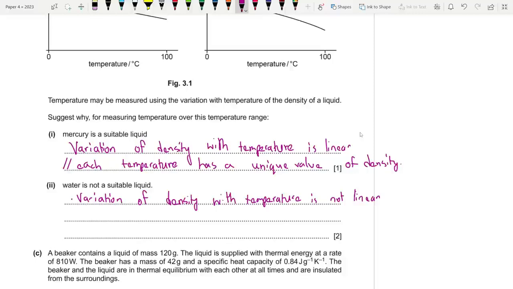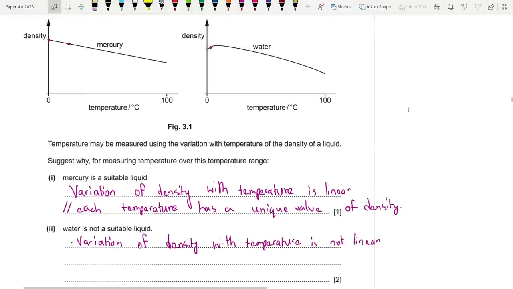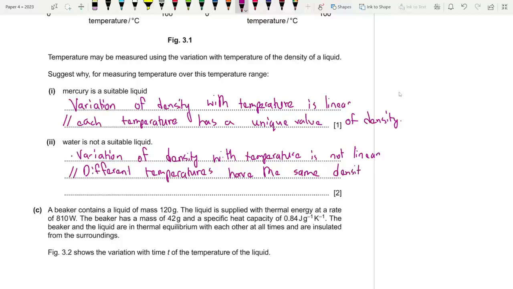Also, they are not unique, or there are different values of temperature where the density is the same, right? So that is an alternate point, that different temperatures have the same density. Fine. Or, oh, you had to write any two from these. Okay, so these were not optional, you had to write any two.